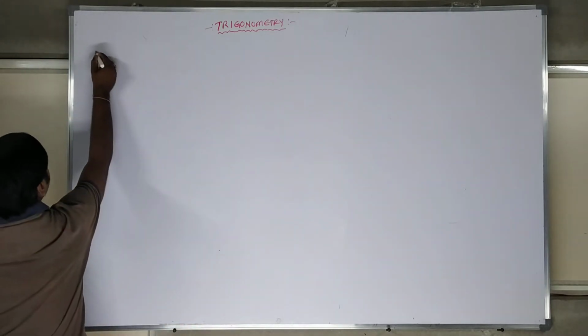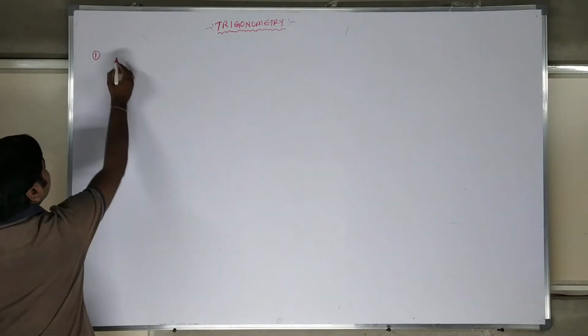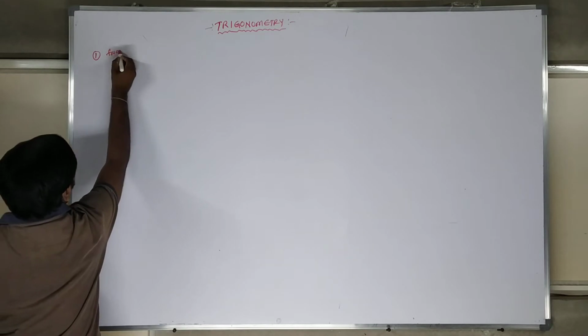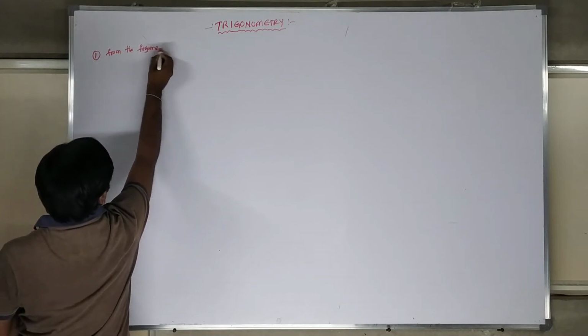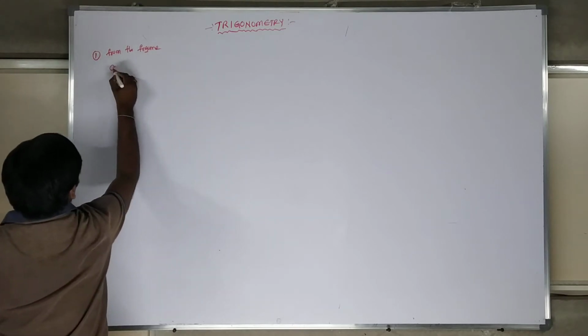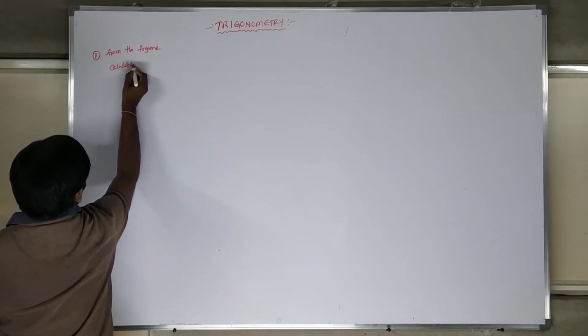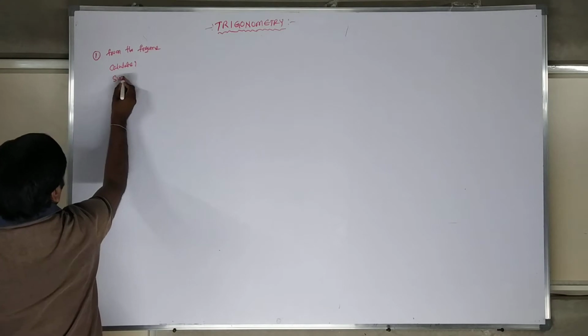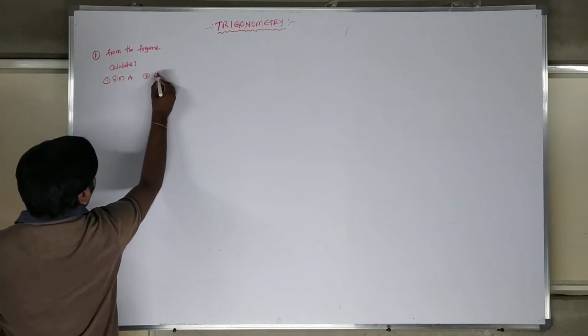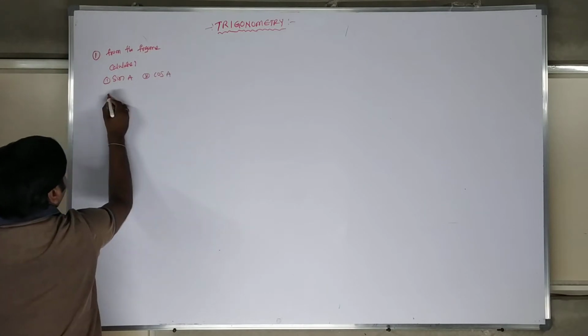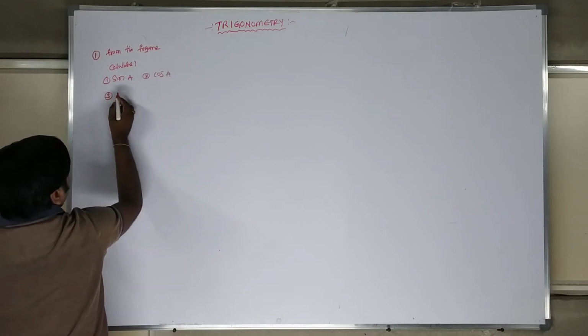The first question is: from the figure, calculate sin A and cos A in the first bit.